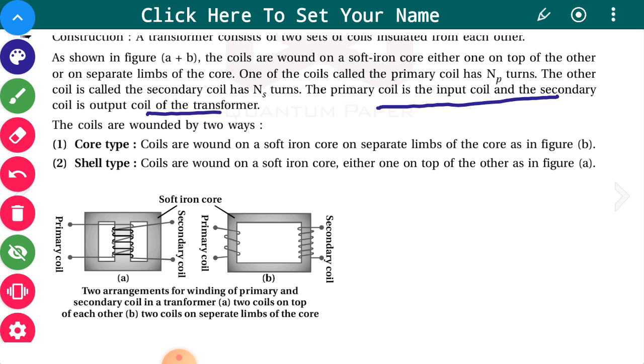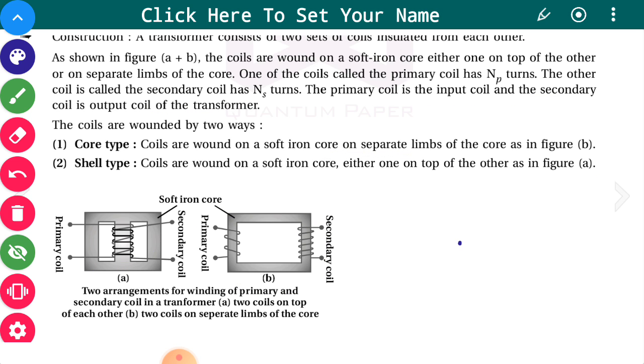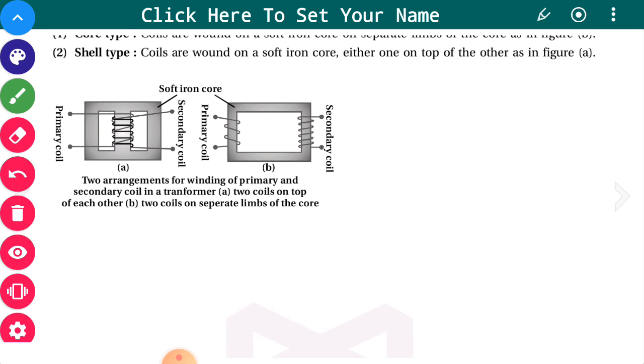In the core type, coils are wound on a soft iron core on separate limbs of the core, as shown in figure B. In the shell type, coils are wound on a soft iron core, either one on the top of the other. So these are the two methods of winding the coils, and this is all about the construction.